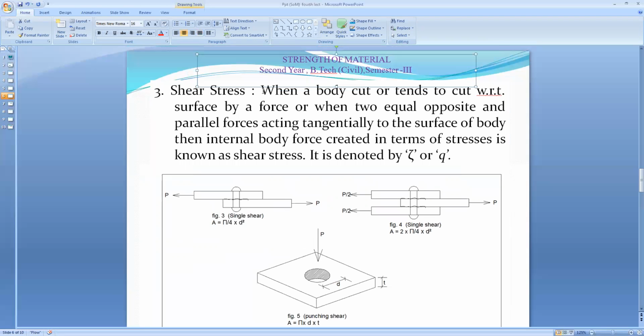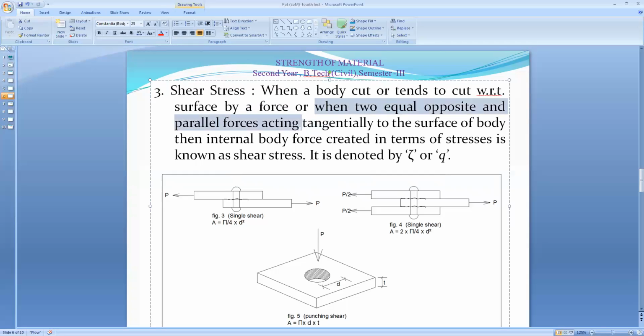When a body tends to cut with respect to a surface by a force, or when two equal, opposite and parallel forces act tangentially to the surface of the body, such a couple of forces tries to cut the body.